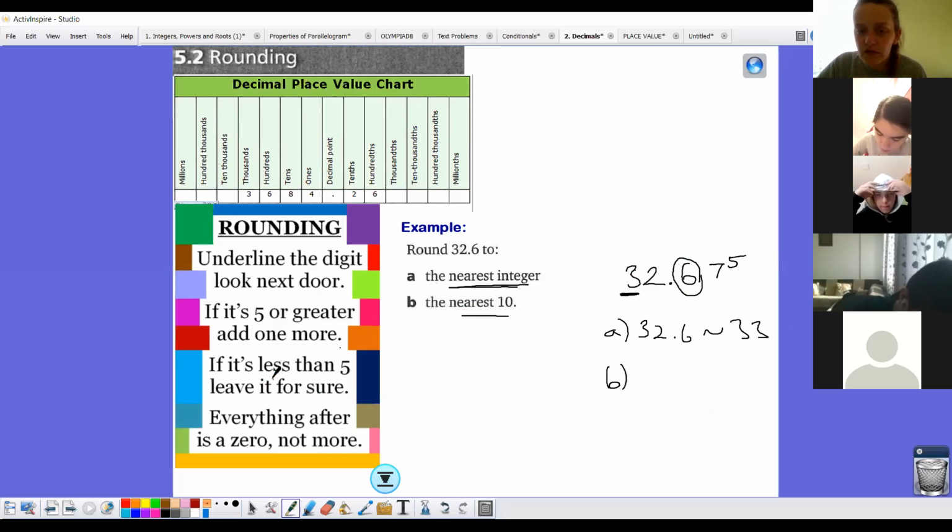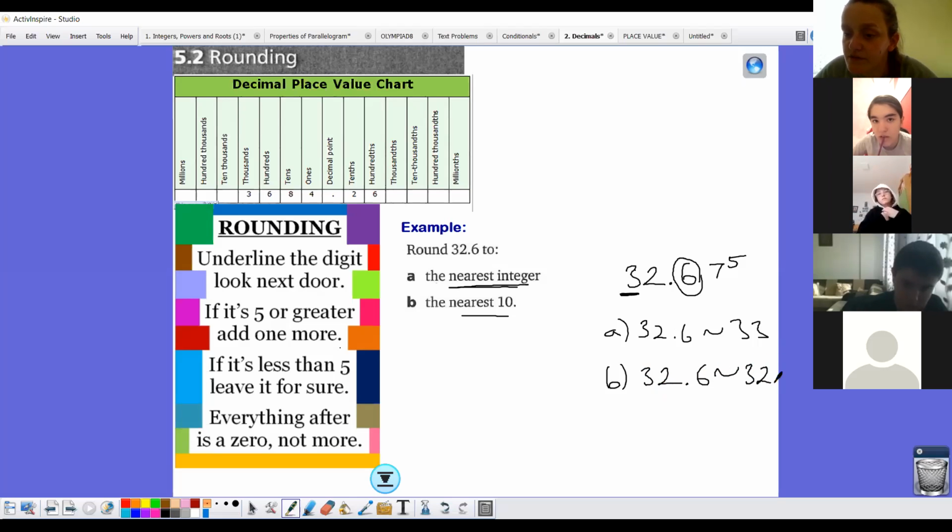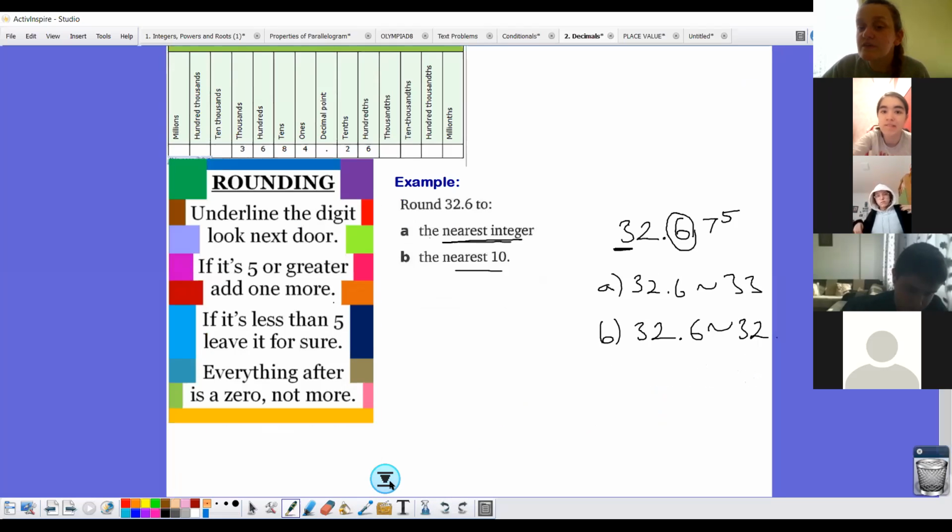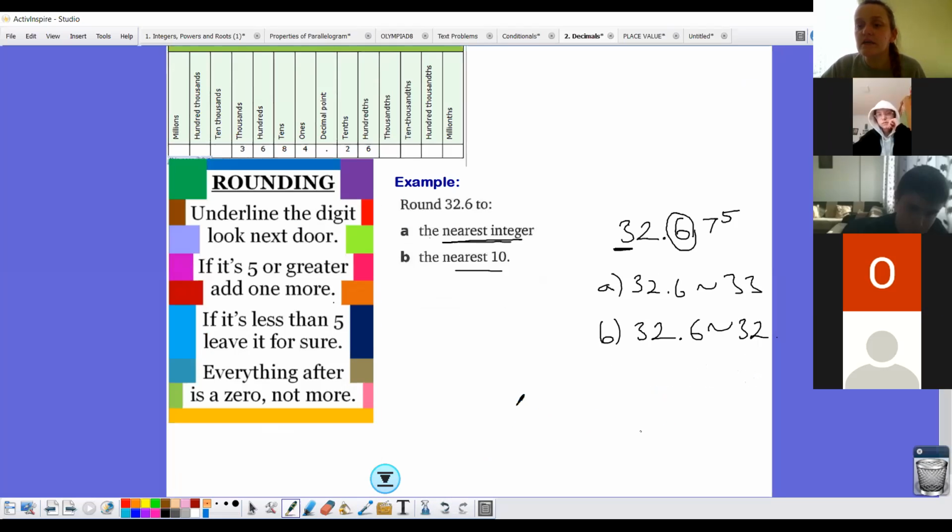So what will we do? If it is less than 5, leave it for sure. So it will stay as 32. Let me do it like this. 32.6 will become 32. Okay? Teacher, do we have to write this? Yes, you have to write it.